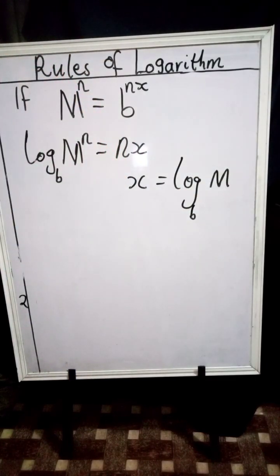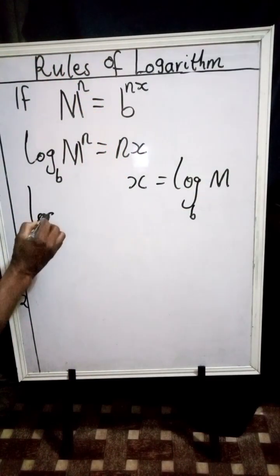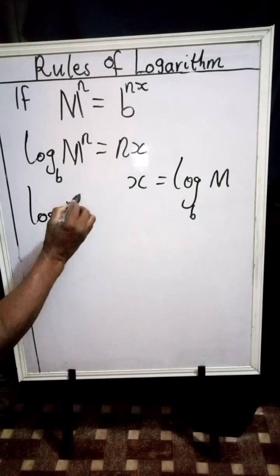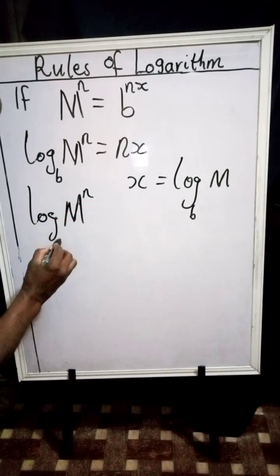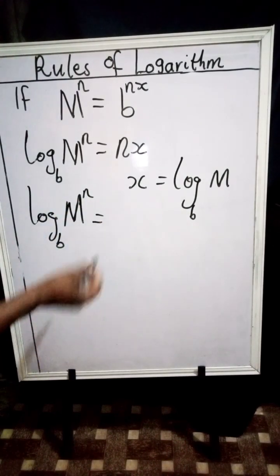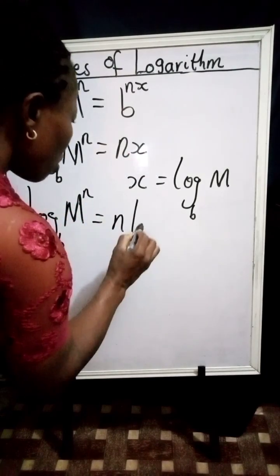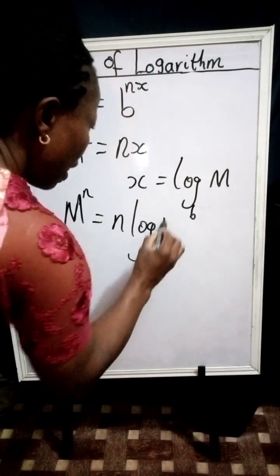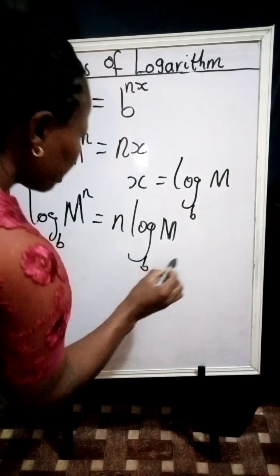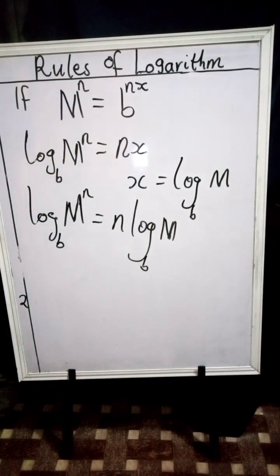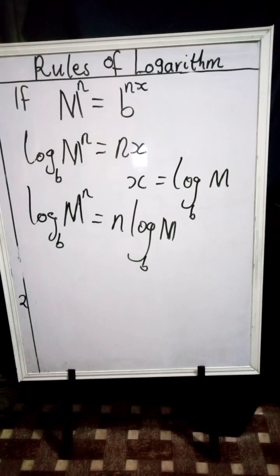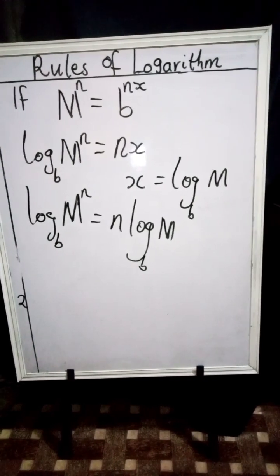So in that case, it means that log m to power n base b is equal to n log m base b. I hope this is not confusing. This is the third rule of logarithm.